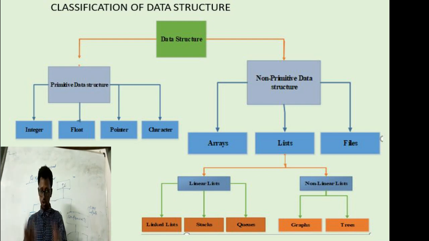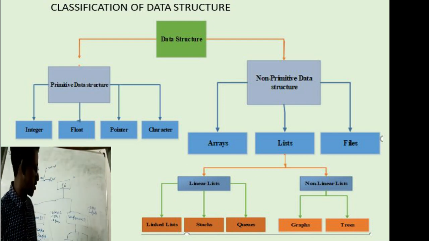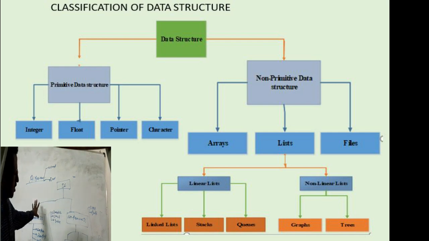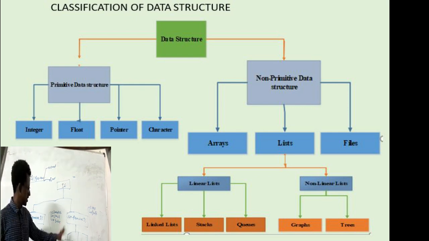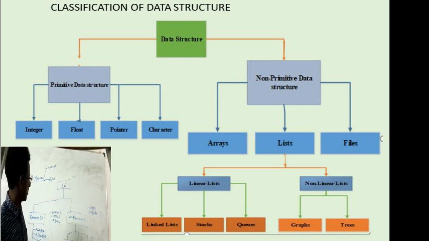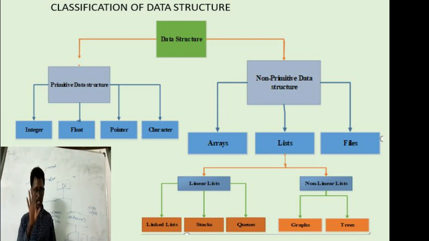This is your data organization in computer. Any data organization in computer is categorized as one of these. Your data is organized by one of the listed data organization types or classes.